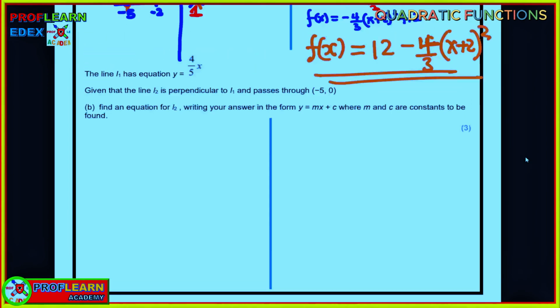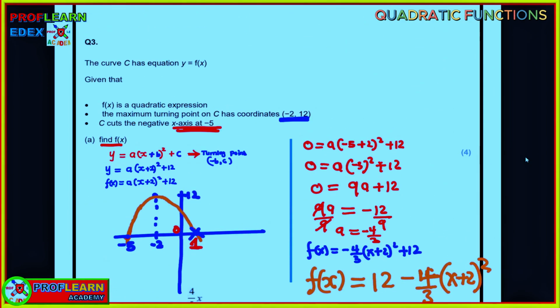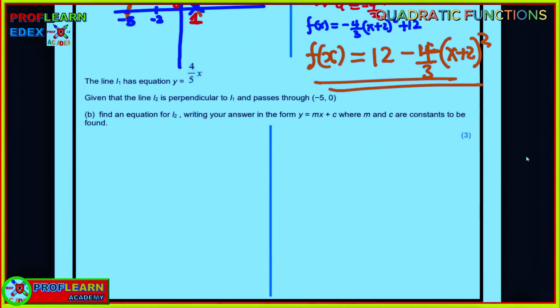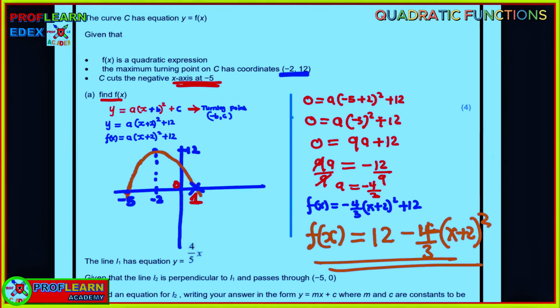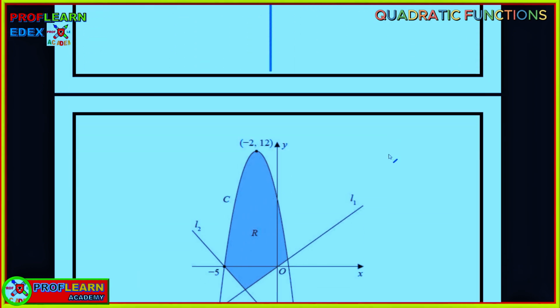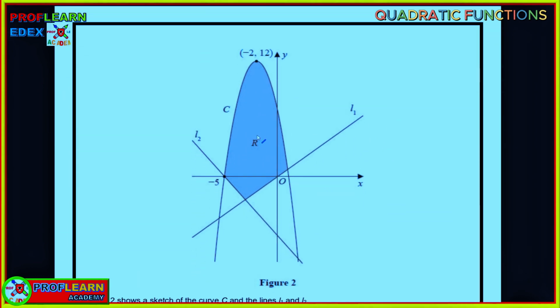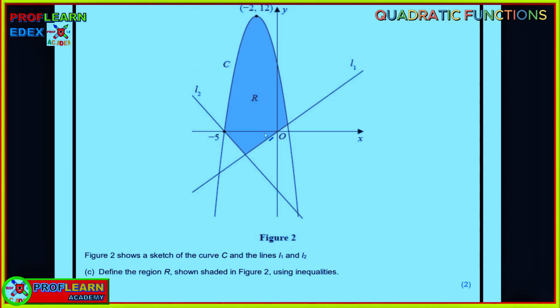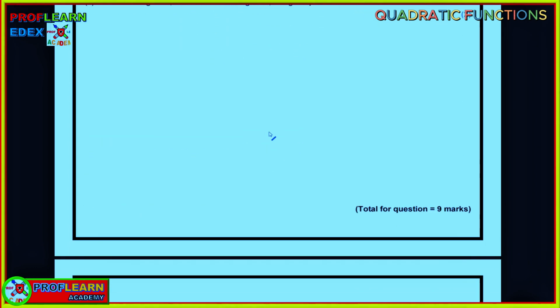In this question, in part B, you see we were dealing with completing the square for quadratics, but now we are moving to the equation of a straight line, and also to linear inequalities involving the required region.